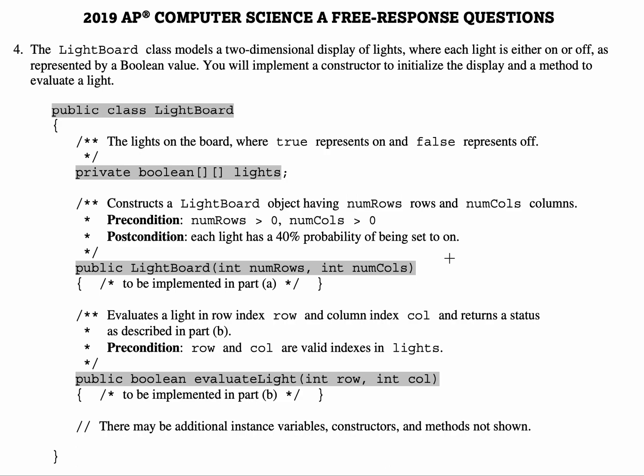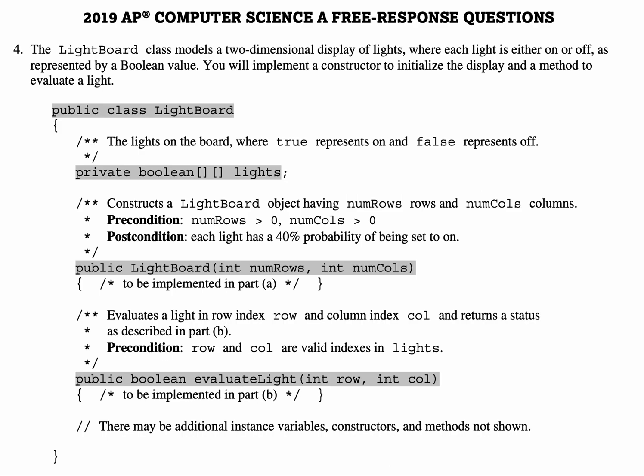But again, like always, your constructor is there to initialize your instance variable, which is a 2D array of Booleans. So think about that before you get moving. Part B is going to be to evaluate the light based on all kinds of rules that we'll see in part B. So I'm going to go through part A first.